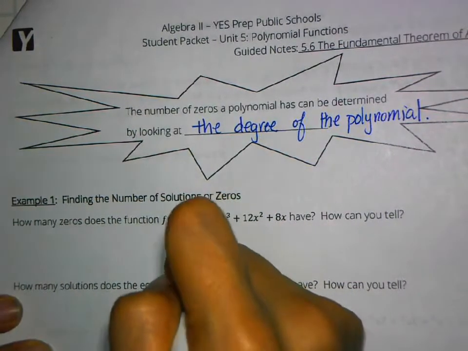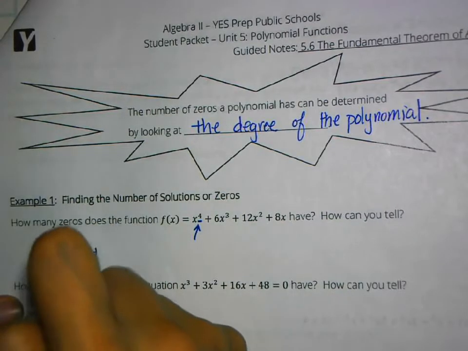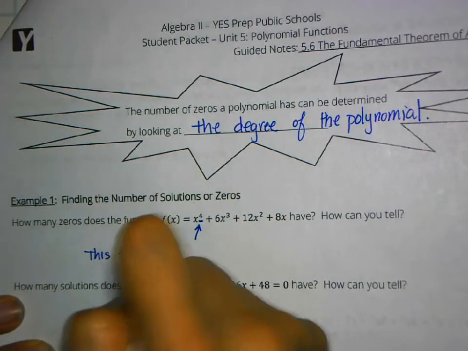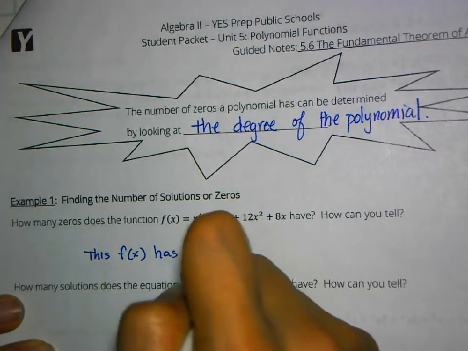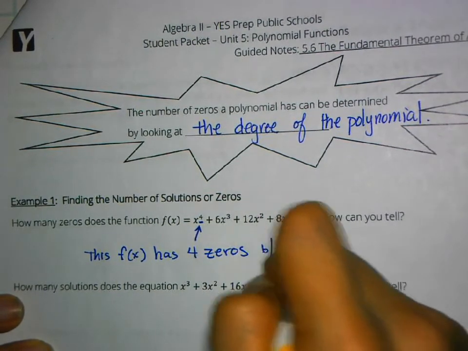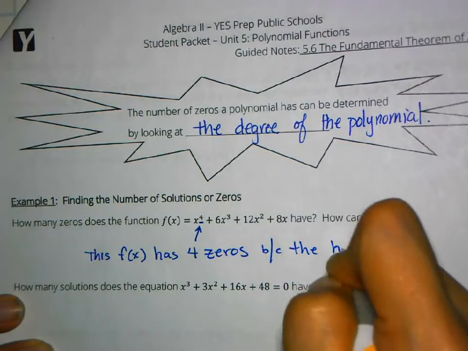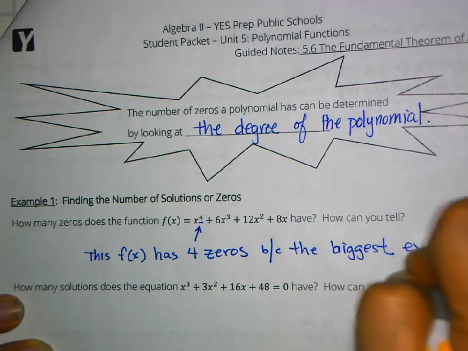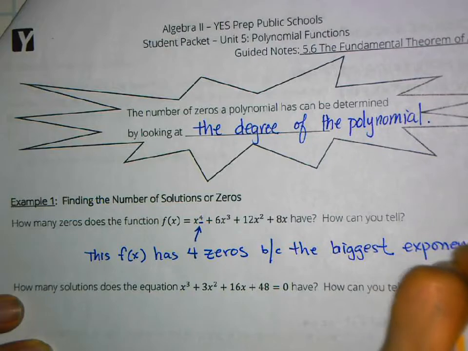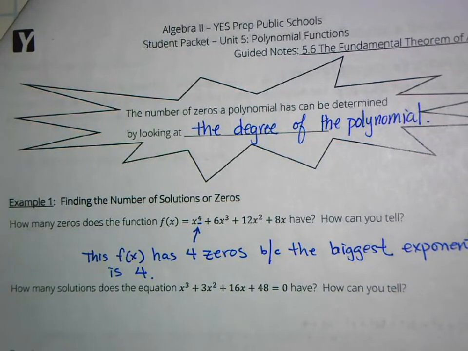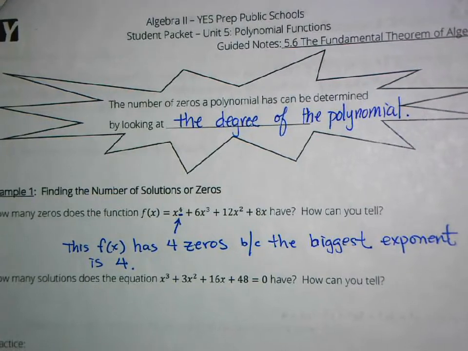Because of this, this f of x has 4 zeros, because the highest degree, the biggest exponent, is 4. That's all you need to look at.